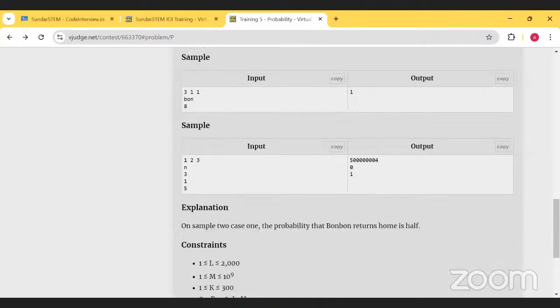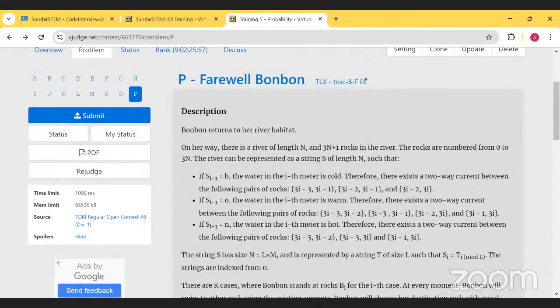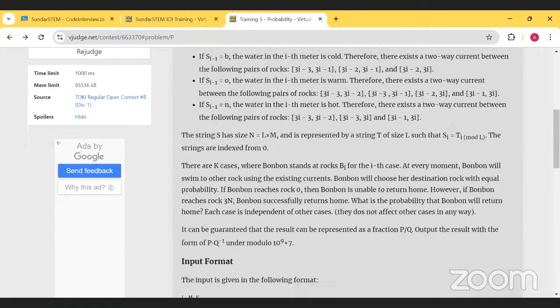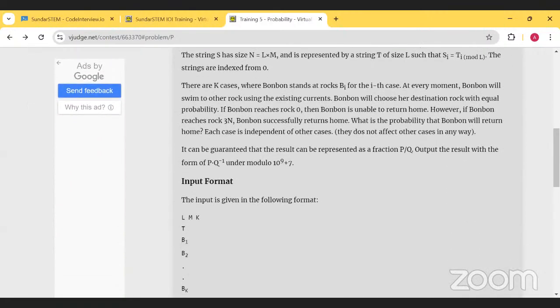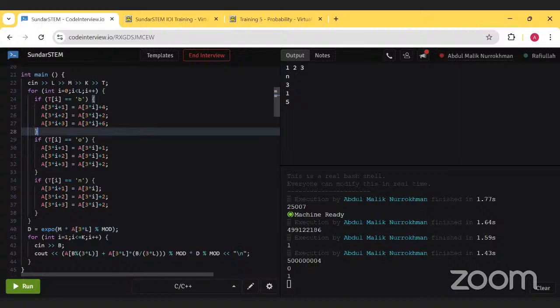And this is so fast. And then until this point, any question about the last problem? Okay, great.